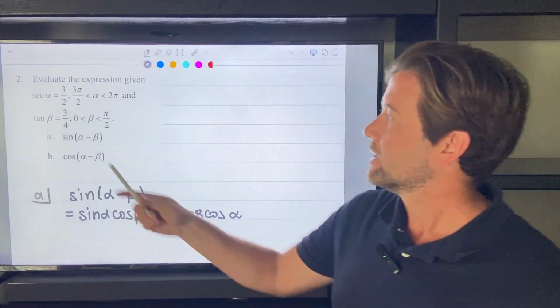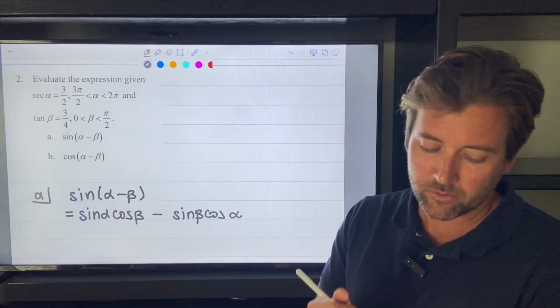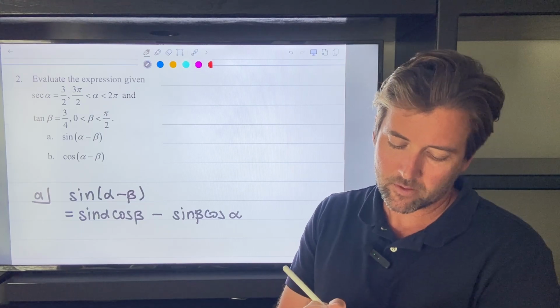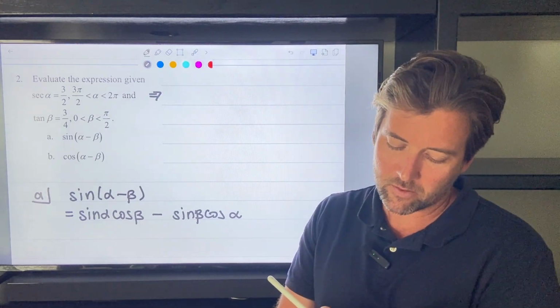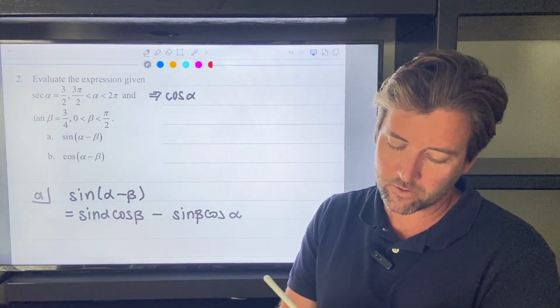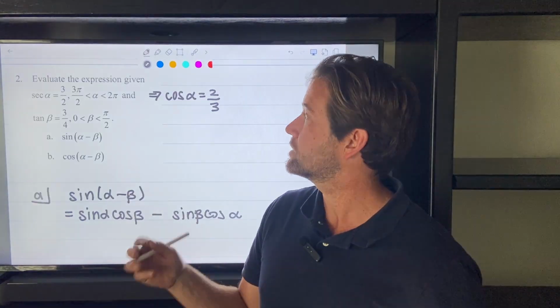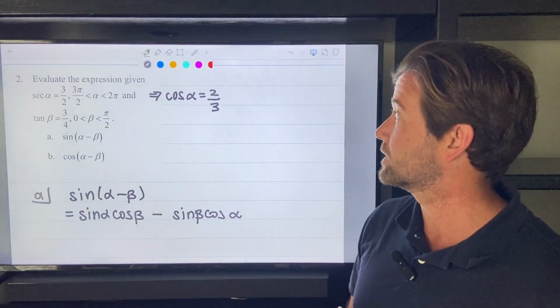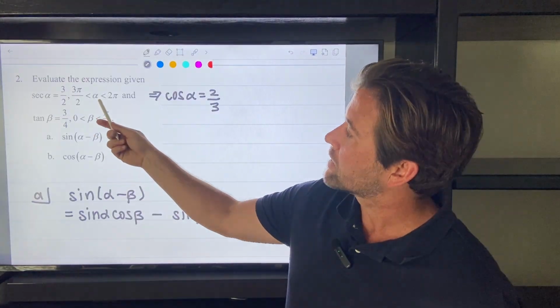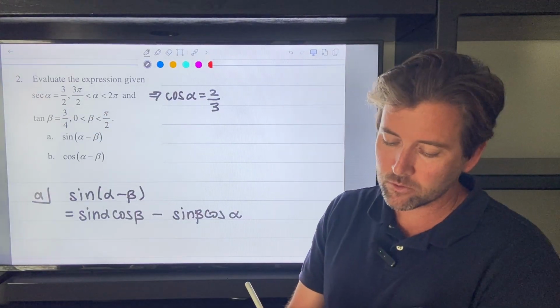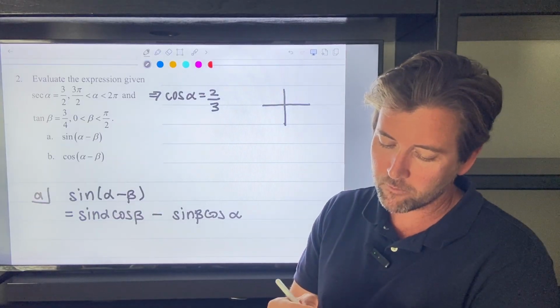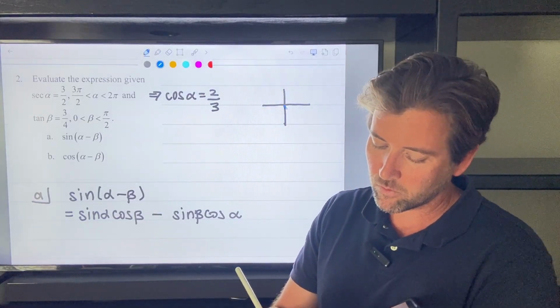Now here, it says secant of alpha equals 3/2. That implies that the cosine of alpha equals 2/3 because the secant and cosine functions are reciprocals of one another. Now check this out. It says alpha is in between 3 pi/2 and 2 pi. So when you draw this angle, alpha, you have to draw it in the fourth quadrant.